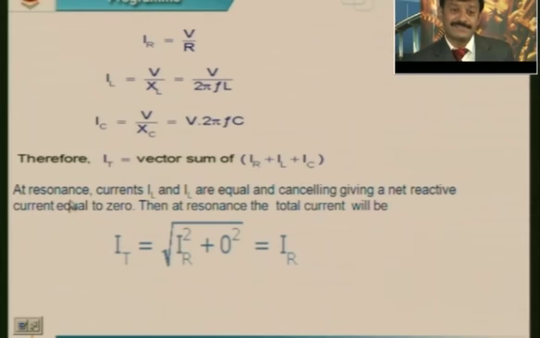At resonance, currents IL and IC are equal and cancelling, giving a net reactive current equal to 0. Here the total current is equal to square root of IR squared plus 0 squared, and finally we get IR. The total current is equal to the current flowing through the resistance only.